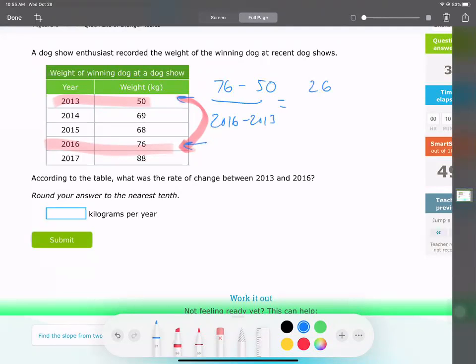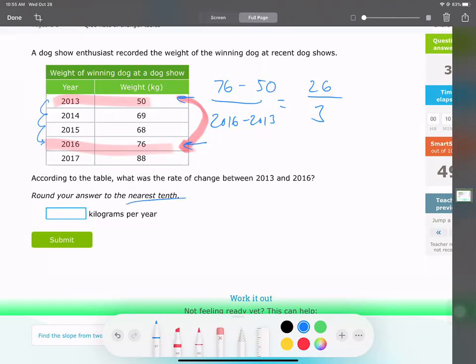That gives me 26 over 3. And over 3 years.